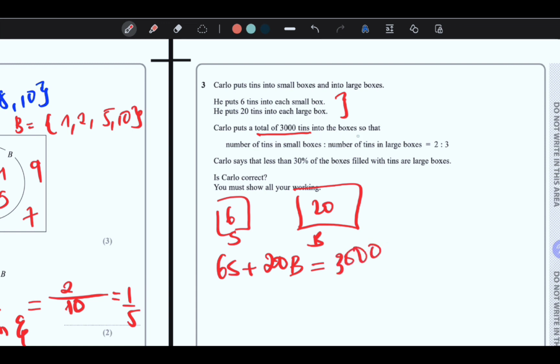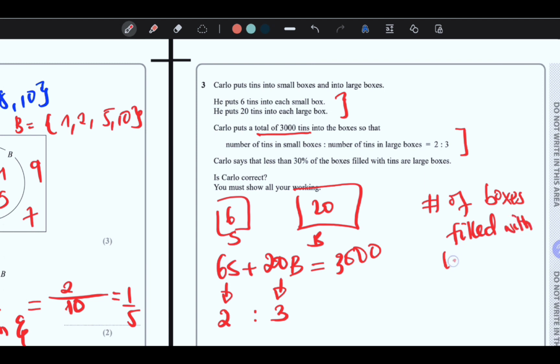And they tell us the ratio of the number of tins in the small boxes to the number of tins in the larger boxes is 2:3. So we need to find the number of boxes filled with tins in the large boxes.